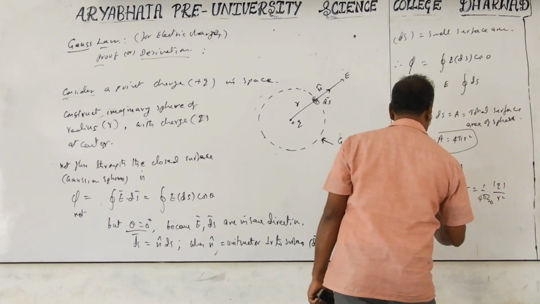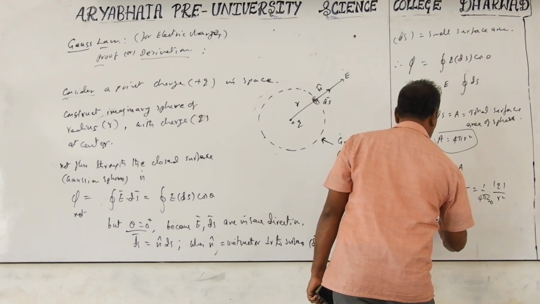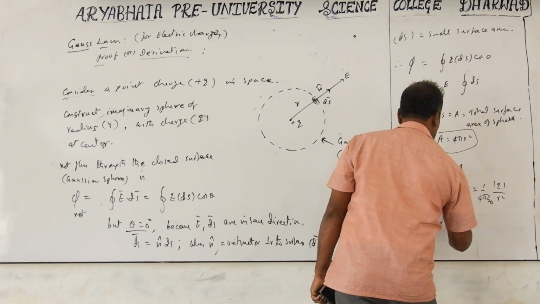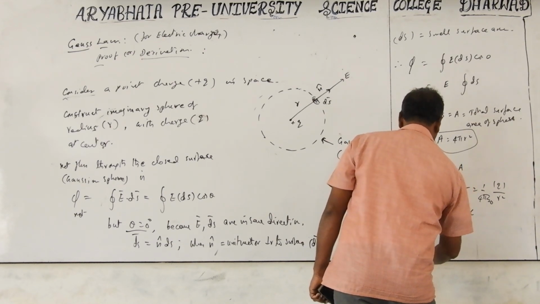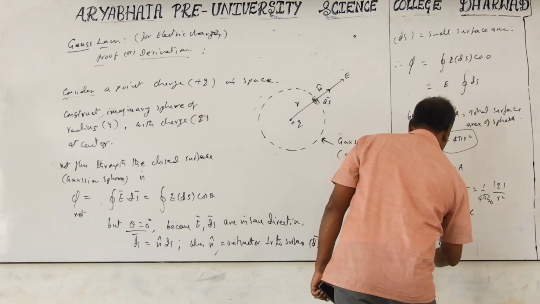Put the value here. Flux is equal to Q by 4 pi epsilon r square into the area, 4 pi r square. 4 pi cancels, r square cancels. Therefore, what I get is Q by epsilon.